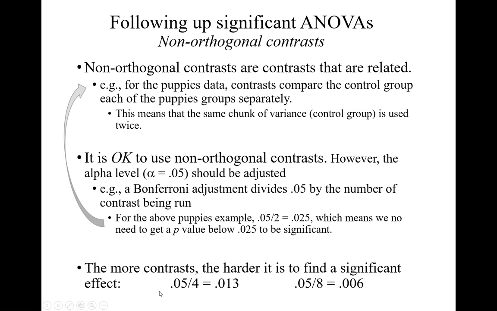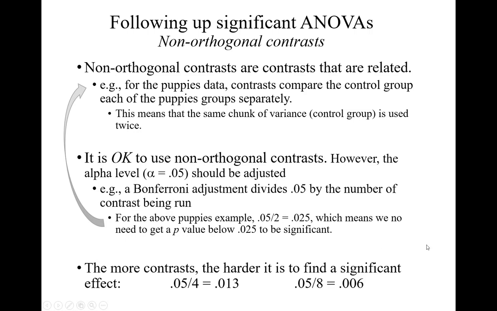Alright, and you can see again, we have some little comparisons down here, or some examples. If you have 4 comparisons, your new significance level is 0.013, so you have to get a p-value below that to have a significant result. If you have 8 comparisons, it's getting lower and lower, so 0.006, they're just examples. So the more tests you do, the less power you have in finding an effect if there is one.